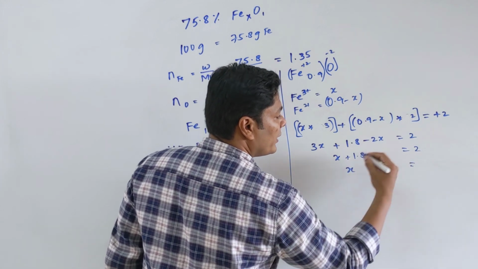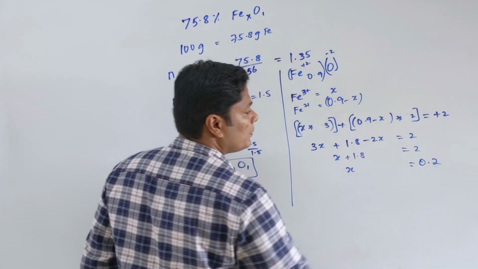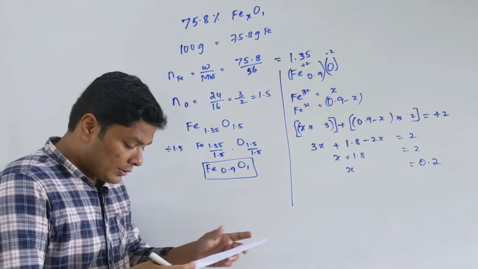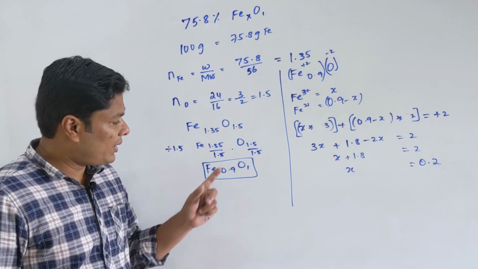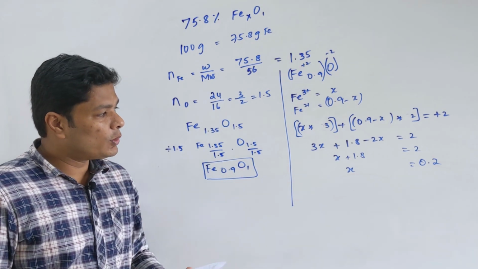Take it to the other side: x is 0.2. The answer given to you is 0.234, because we approximated, but that is more than enough.